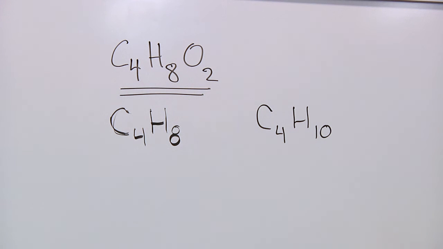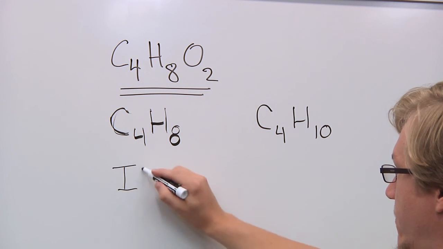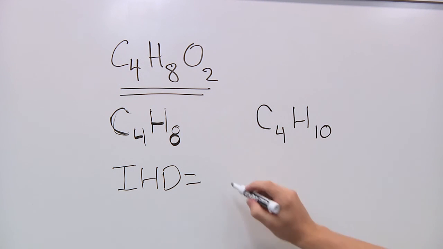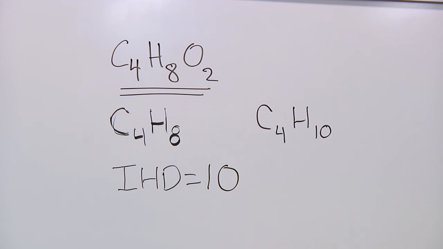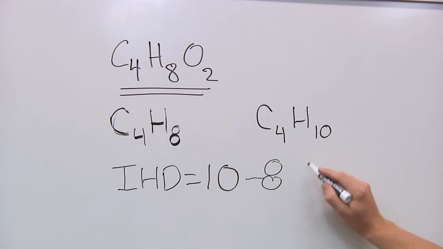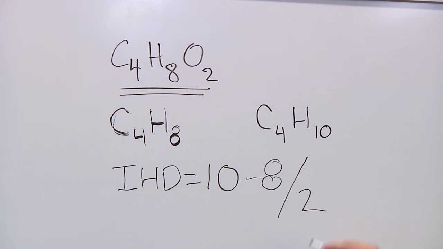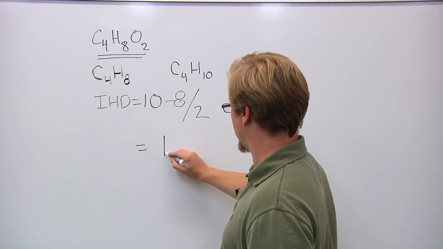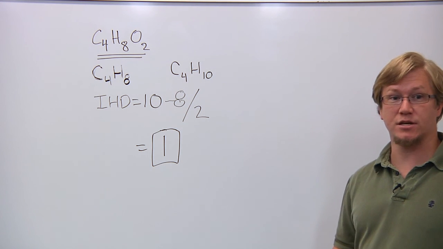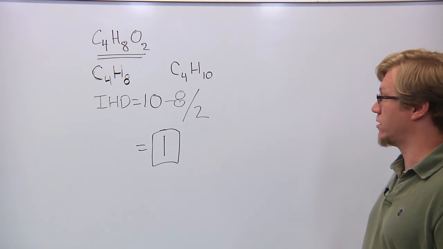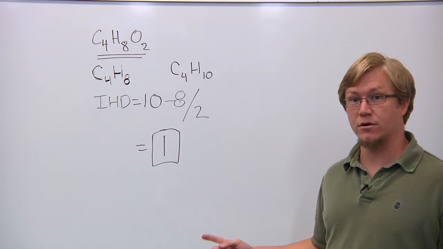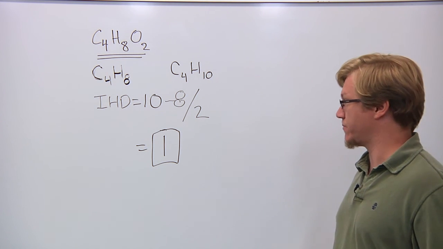So in order to calculate the IHD, we have IHD is equal to the number of hydrogens in a normal alkane minus the number of hydrogens in our molecule divided by 2, which is equal to 1. So that tells us that this molecule has to have either one double bond or one ring structure.